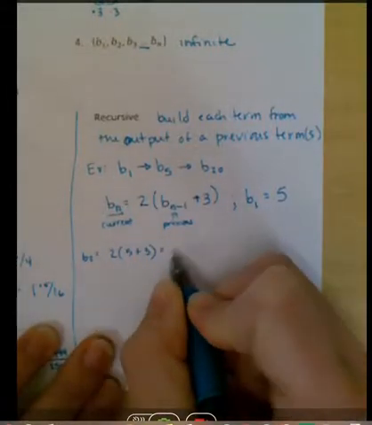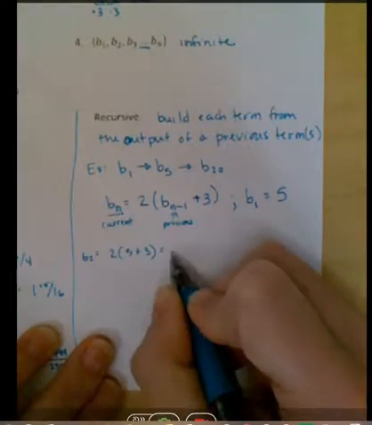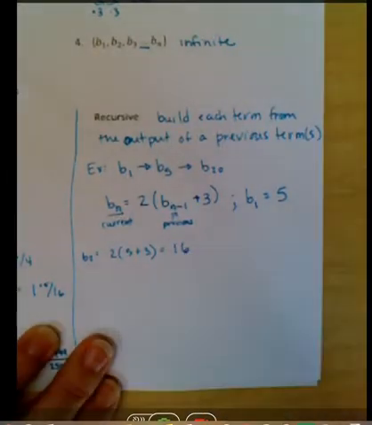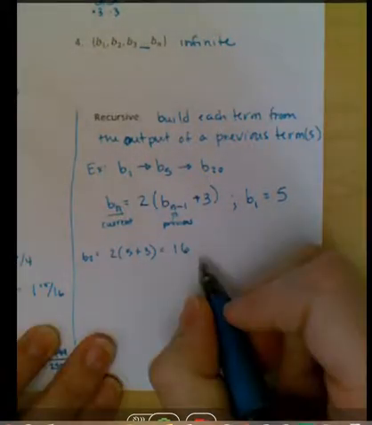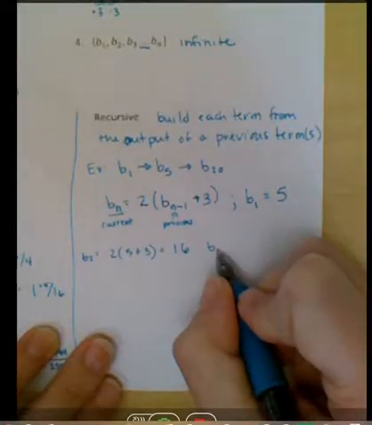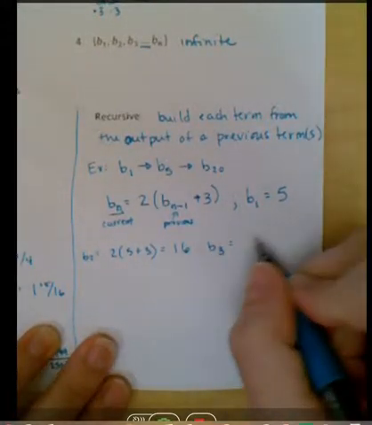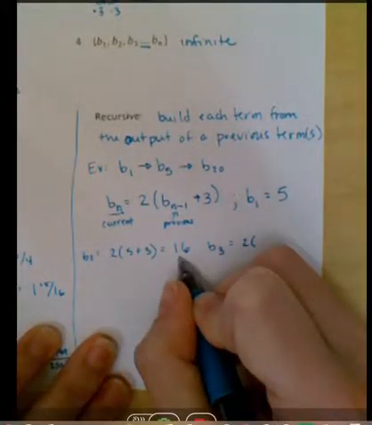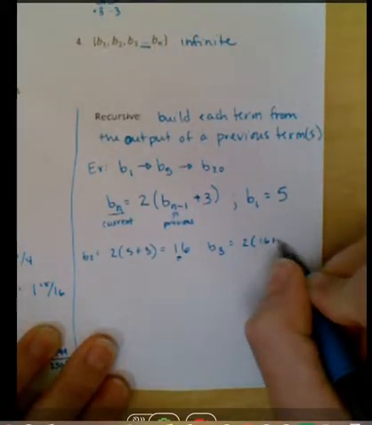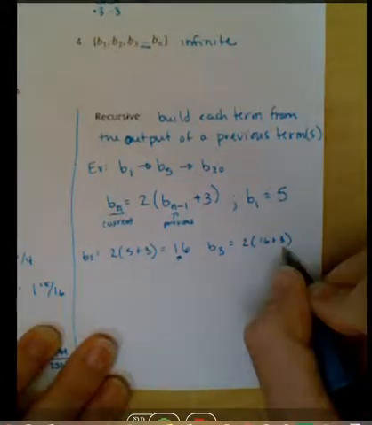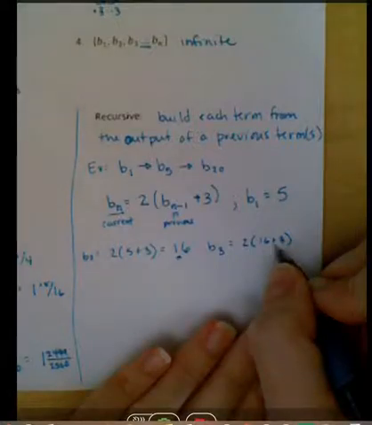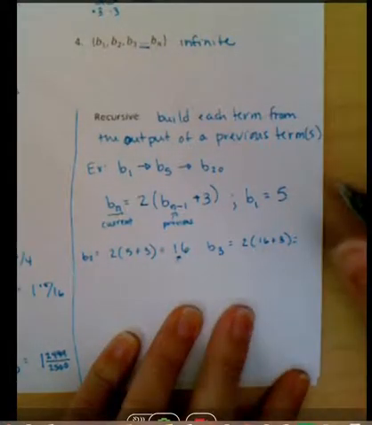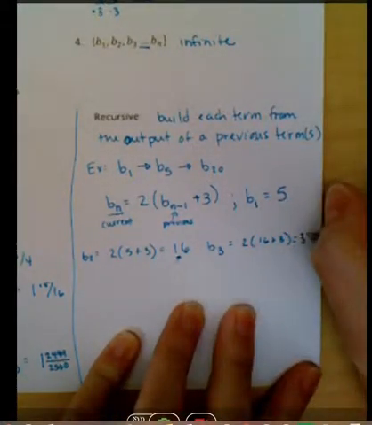So this is 8 times 2 is 16. Then b sub 3 is going to be 2 times the previous output plus 3. So that's 16 plus 3 is 19 times 2 is 38.